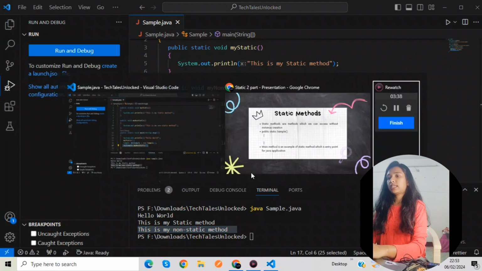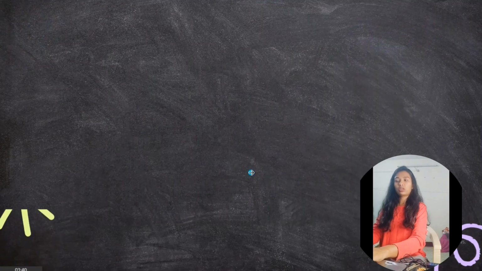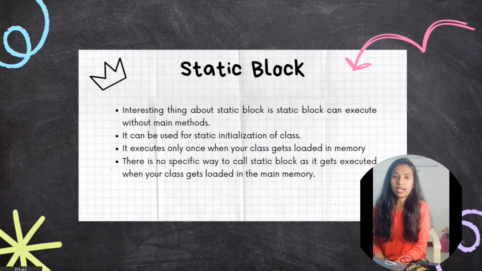The next thing is the static block. The interesting thing about a static block is that it gets executed even before your main method. So you don't need a main method to get your static block executed. It can be used for static initialization of your class.